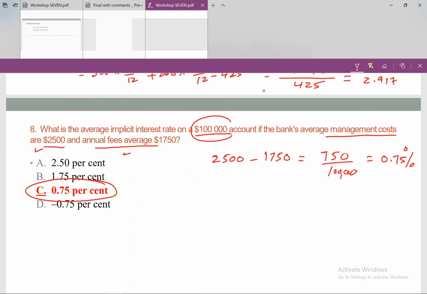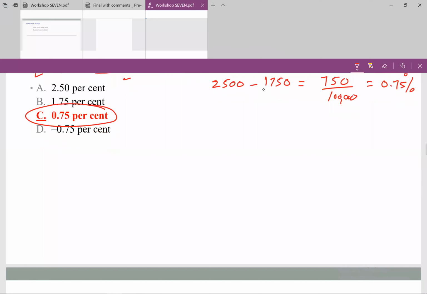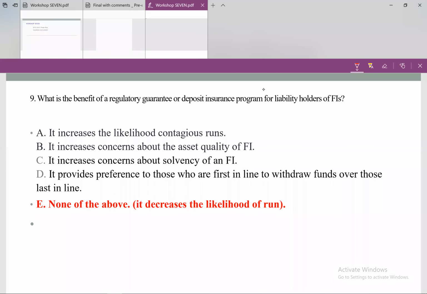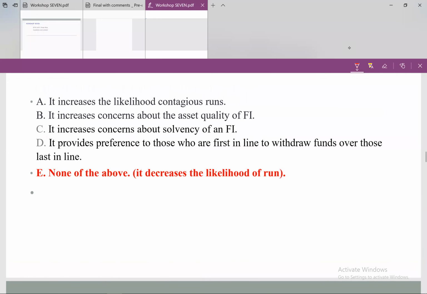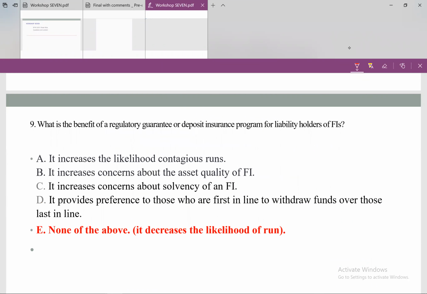Yeah, what about question number 8? All good, okay. There was a recommendation here. It's almost 6:30, so let me go and increase likelihood to none of the above, it decreases the likelihood of a run. This is about bank run.